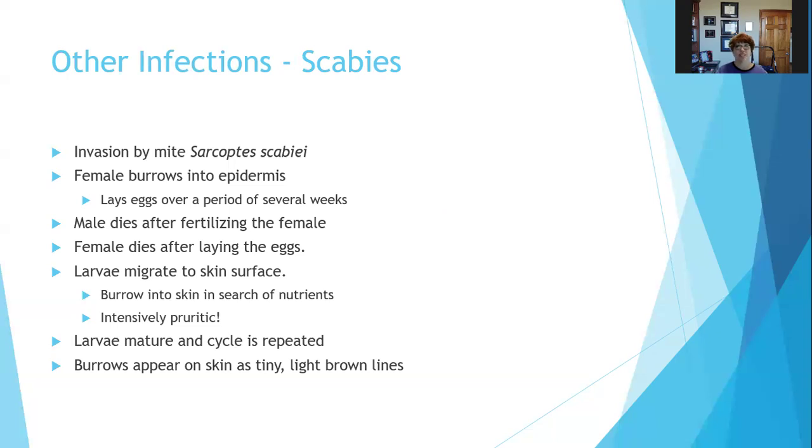It's intensely pruritic, and just really gross. Larvae mature, and then the cycle is repeated, and the burrows appear on the skin as tiny light brown lines. My hope for you is that you never ever have to encounter this.